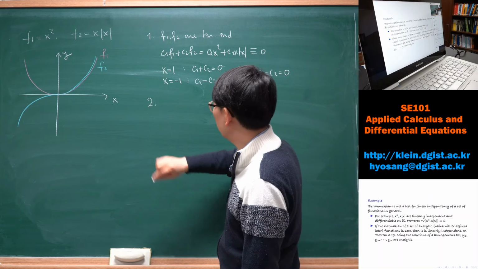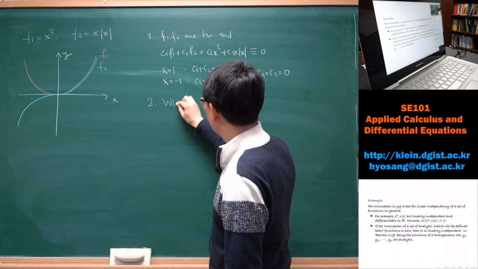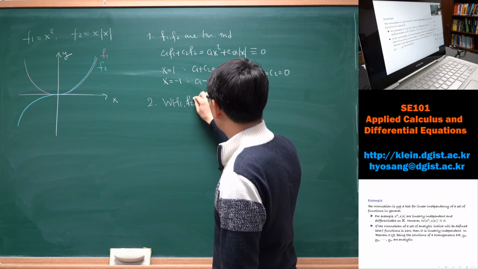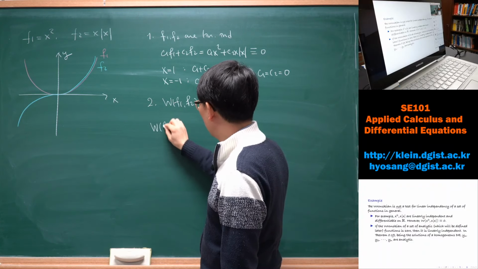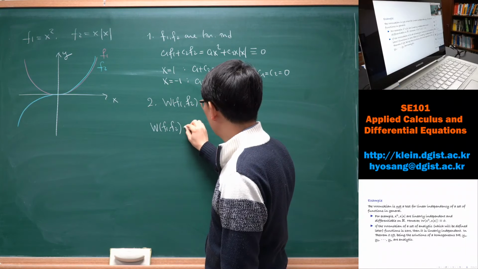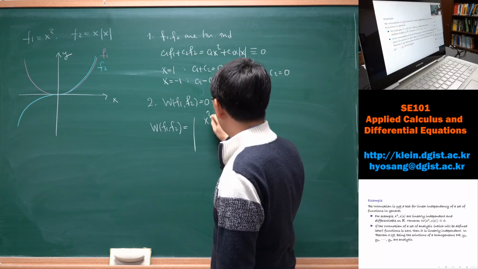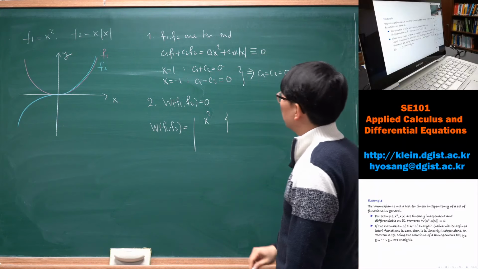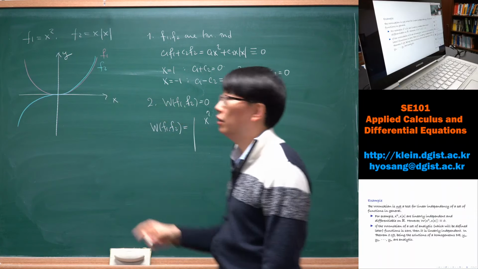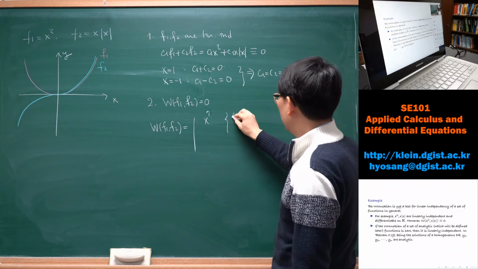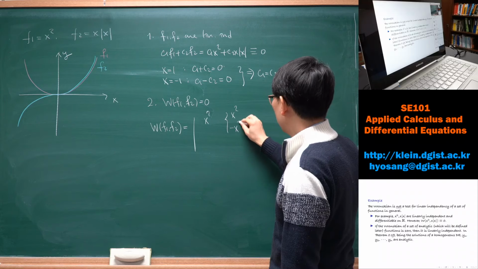Second, let's compute the Wronskian. So the Wronskian of the two functions has first row x squared, and let's write our function f2 in two cases. One is x squared and the other is minus x squared.